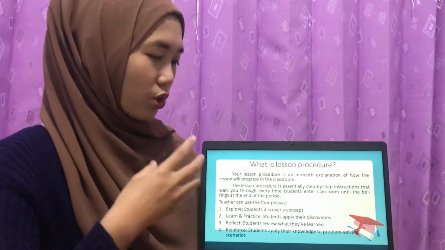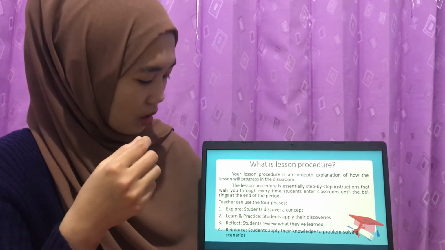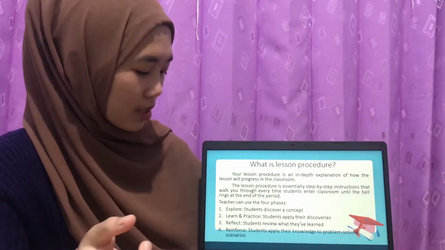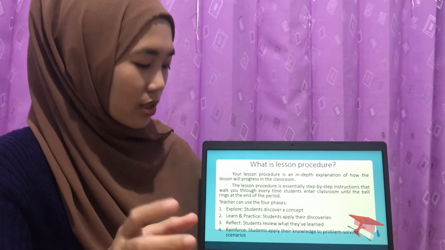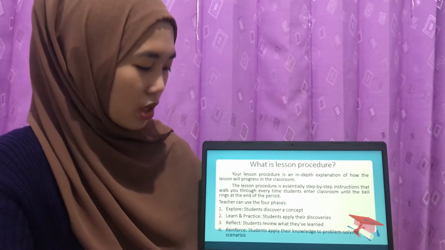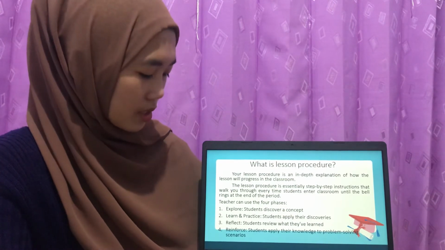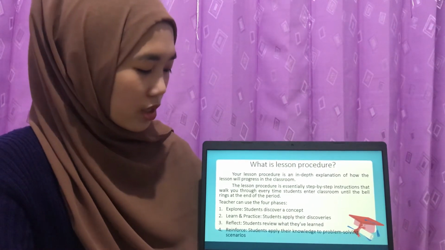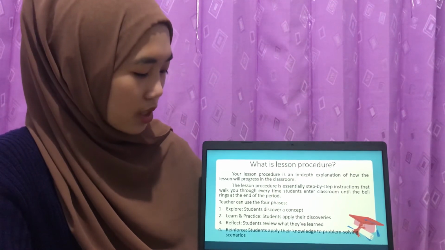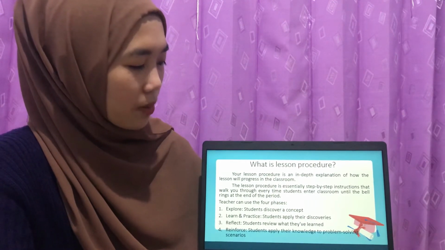Keep in mind that the first is explore, students discover a concept, second, learn and practice, students apply their discoveries, third, reflect, students review what they have learned, and the fourth, reinforce, students apply their knowledge to problem solving scenarios.